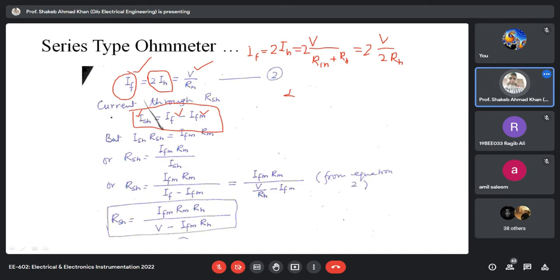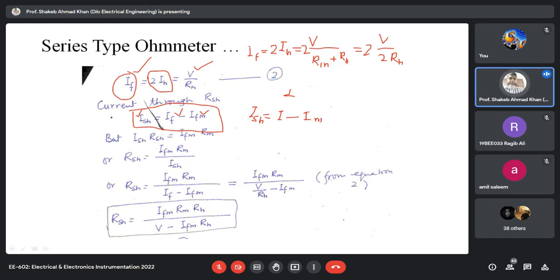In general, we can write ISH is equal to battery current, the current drawn from the battery, minus current through the meter.